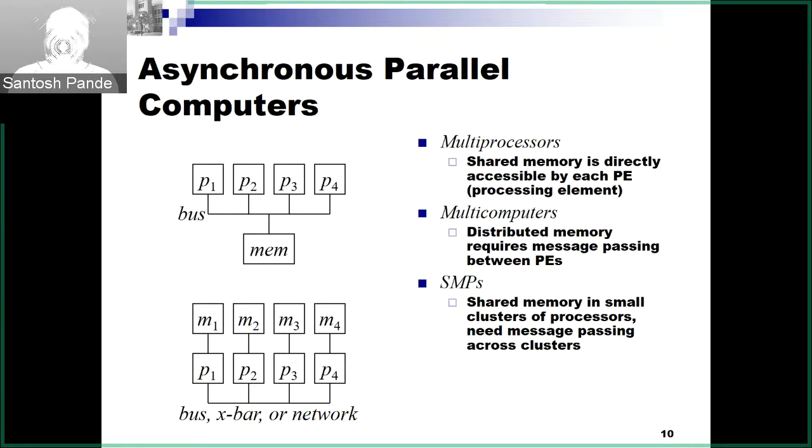We have sharing of the memory between a certain number of processors, and then that memory is coupled with some other memory, and a cluster shares a memory and then goes across the network in a message passing manner. So what are these implications?